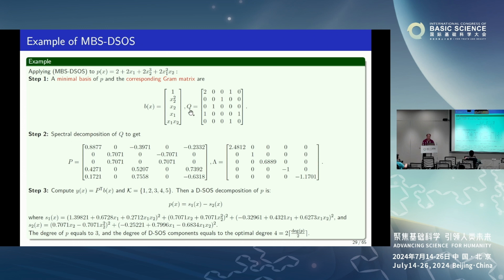After we find the special decomposition for Q, based on step 3 of the previous algorithm, we can find the decomposition S1 and S2. They are sum-of-squares, and the degree is optimal. The degree is 4, exactly twice the half of the degree of P.